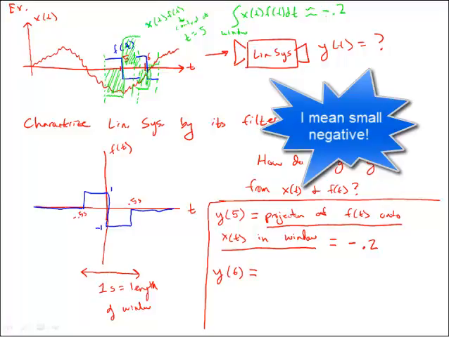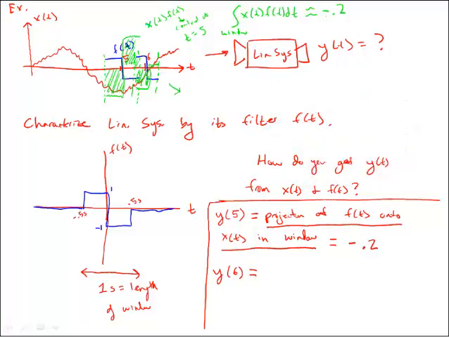Take the integral. You take the integral, and the integral now equals maybe minus 0.4. And that's it. Y of 6 equals minus 0.4. And you can do this at any point in time.